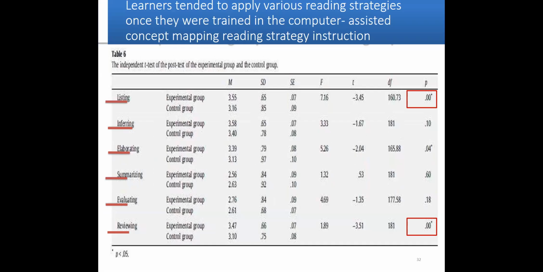To summarize, the concept mapping reading strategies were more effective than the traditional reading strategies to improve the reading comprehension of the poor readers. But for the good readers, we need to consider more because the significant differences between the control and experimental groups were not always found.